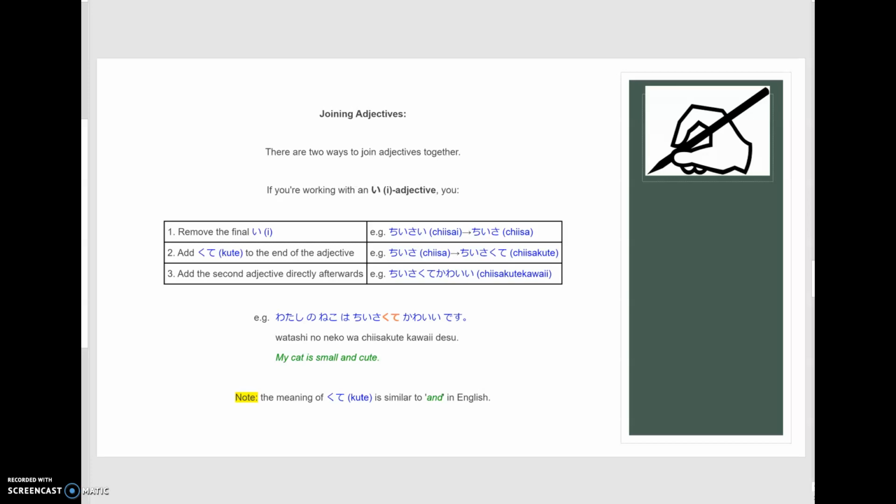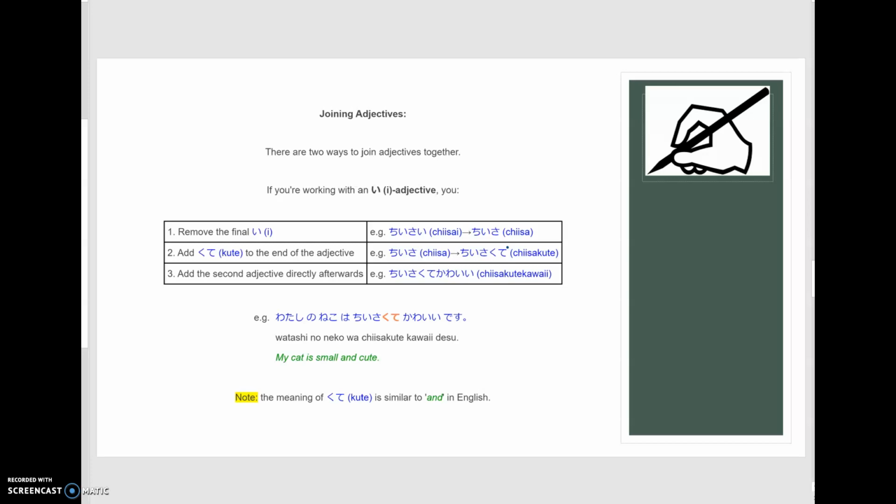So an I adjective usually has an I on the end, sometimes a double I. So when you learn your adjectives, you need to learn whether it's an I adjective or a na adjective. So for an I adjective, we take off the final I, like chisai, so it becomes chisa.